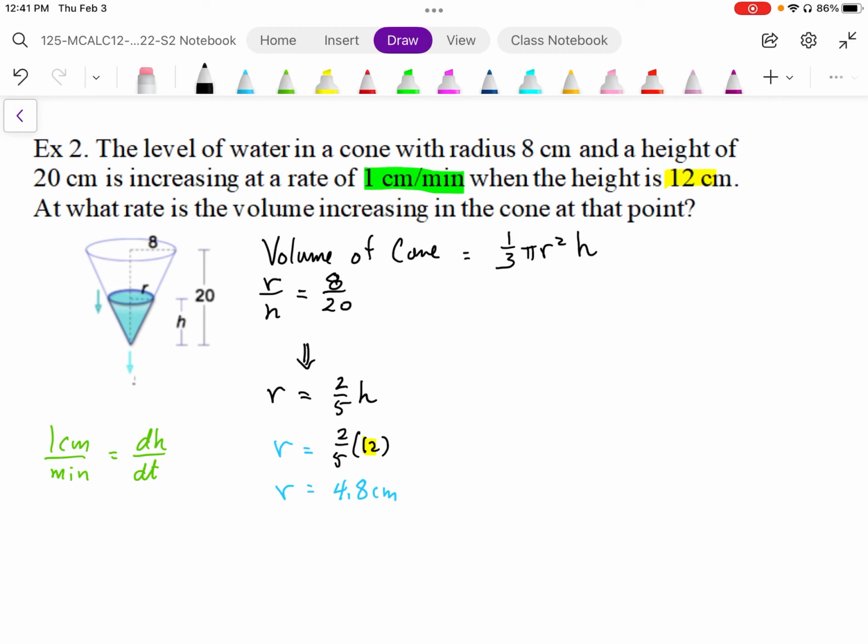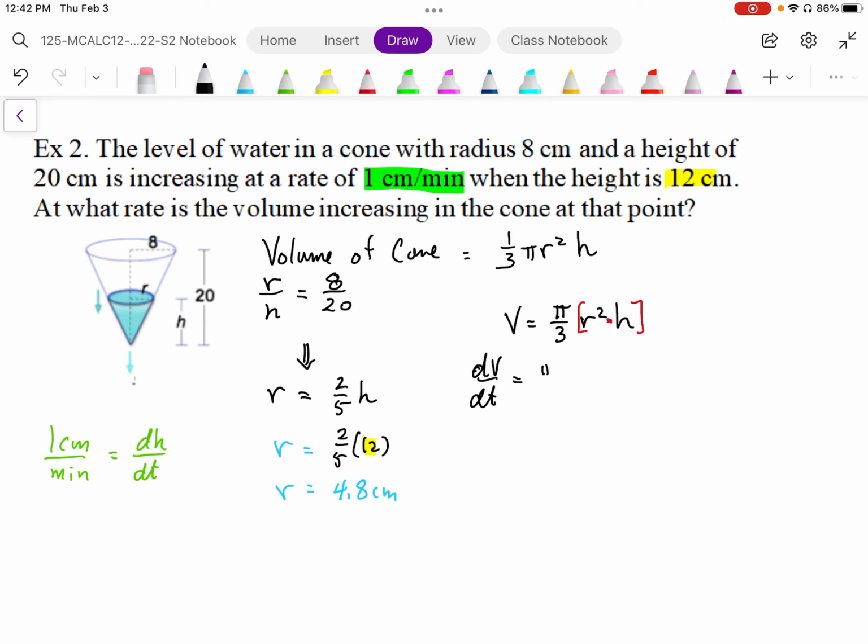Now, what we want to do is differentiate this expression, V. I'm just going to simplify this to pi over 3 r squared h. And we want to differentiate this and get dV by dt. To do this, we need to differentiate this expression with respect to time, but we also have to keep in mind that there is a product involved in here, so we're going to have to apply the product rule.